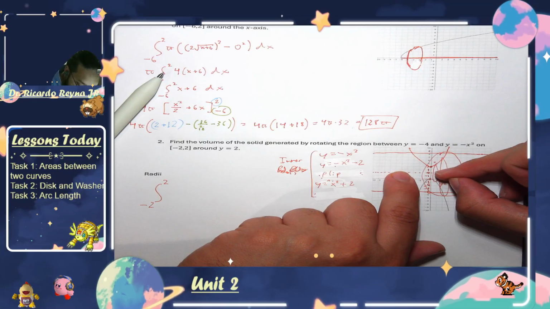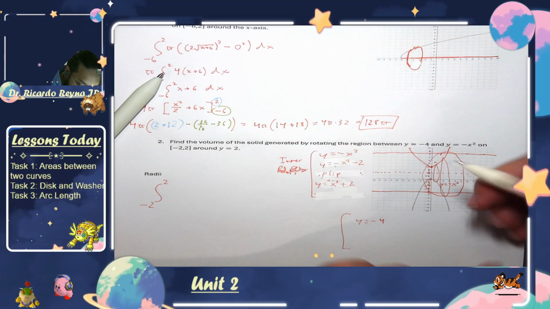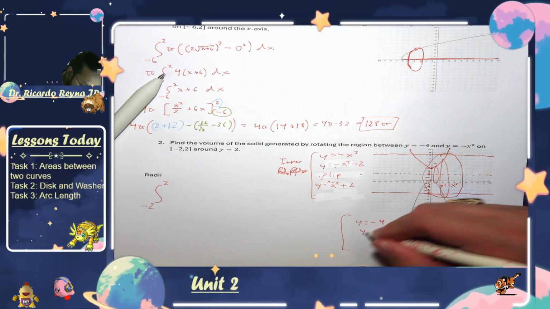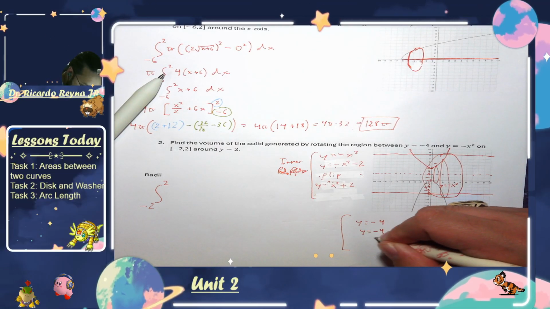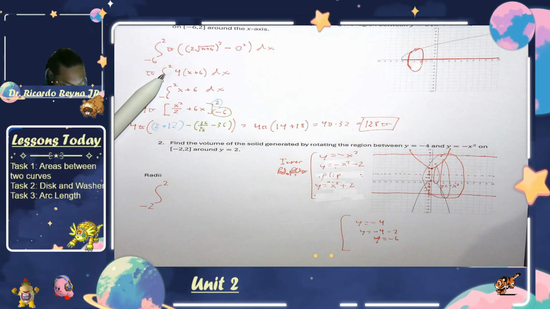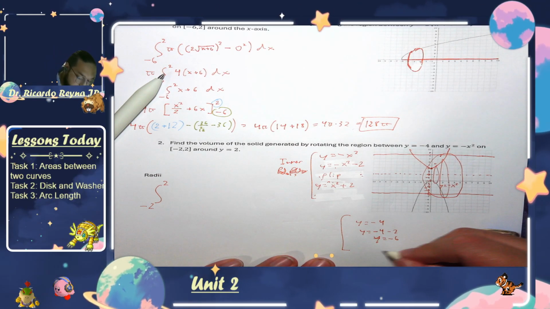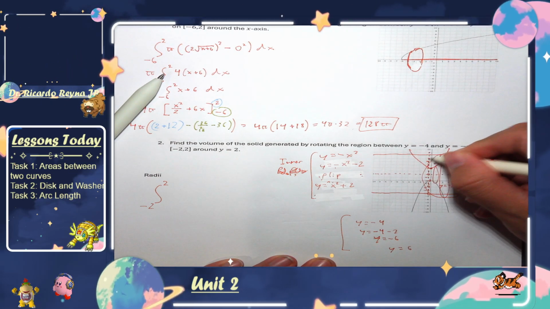So 1, 2. So y is equal to -4 minus 2, which is -6. And then you flip it. So it's y is equal to 6. And you can even see a 3, 4, 5, 6.